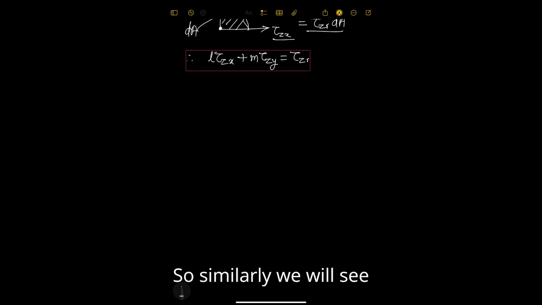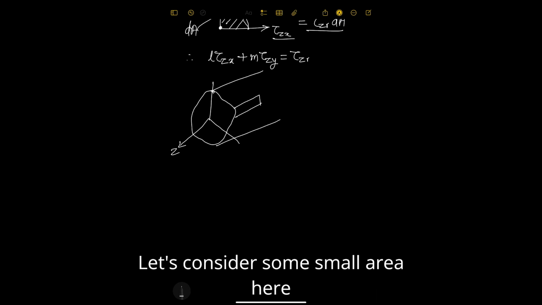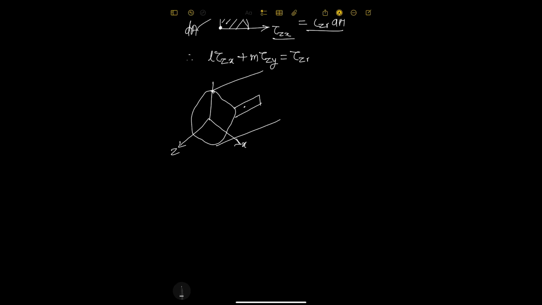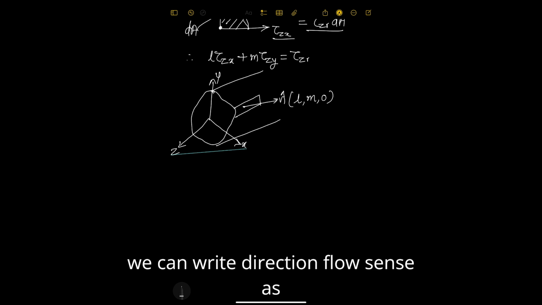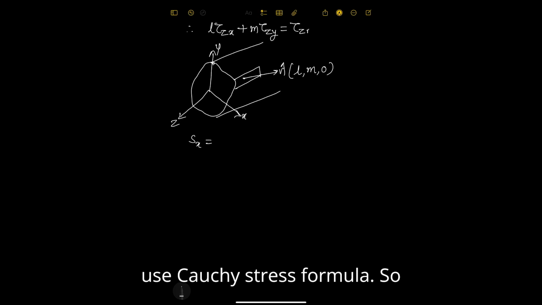Similarly, we'll see another area. Let's consider some small area here on the outer boundary of the shaft, and the perpendicular to this boundary will come as n bar, and now this n bar is perpendicular to z, so we can write the direction cosines as l, m, 0, and again we'll use the Cauchy stress formula.